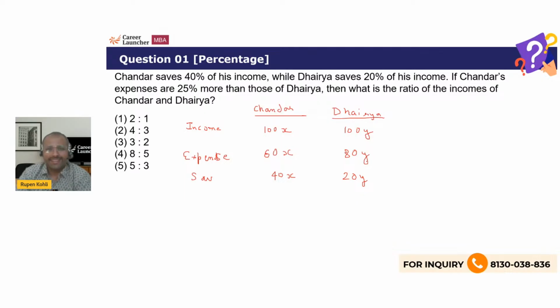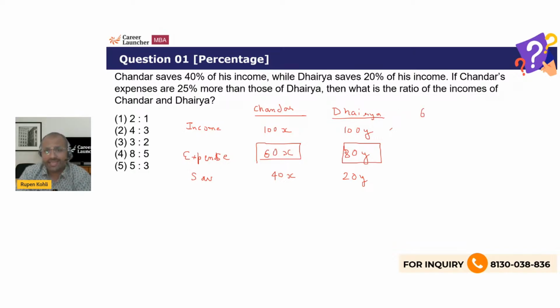Okay. So now the percentage comparison is done between the expenses. Chandar's expenses are 25% more than those of Dharya. So 25% more means 1.25 times, or in fraction that would be 5 by 4, right? So this 60x and this 80y we are comparing over here.